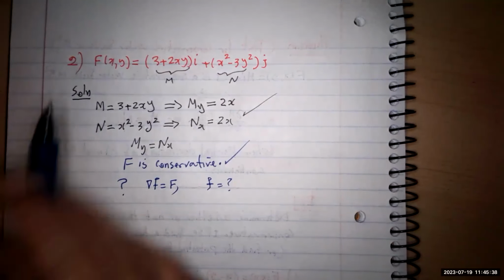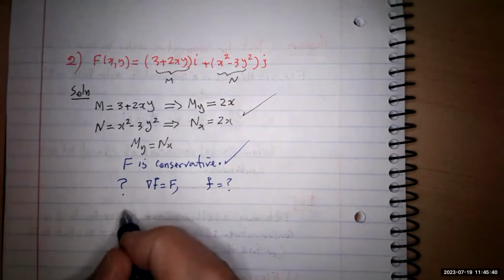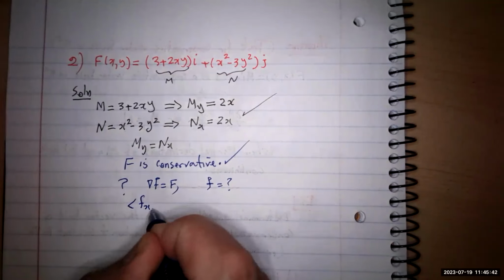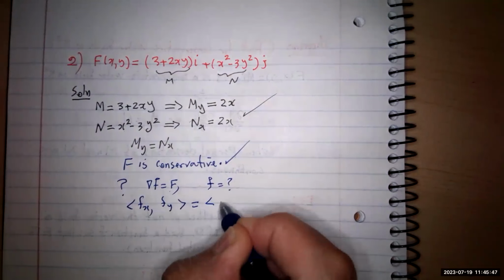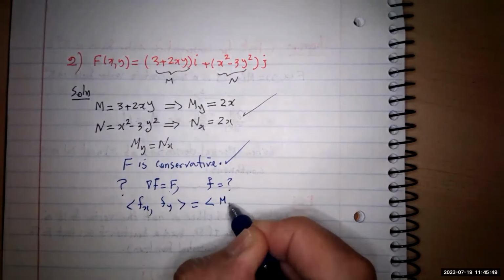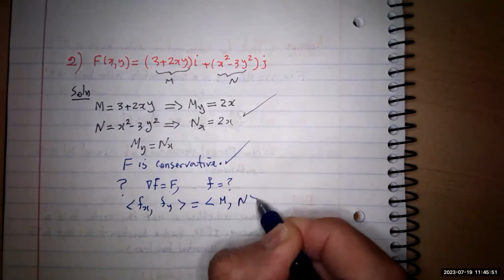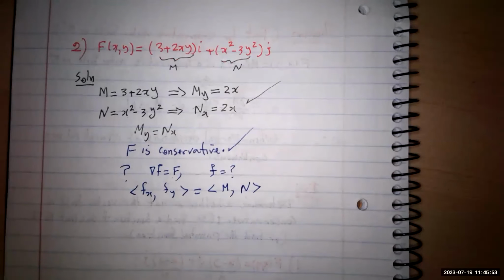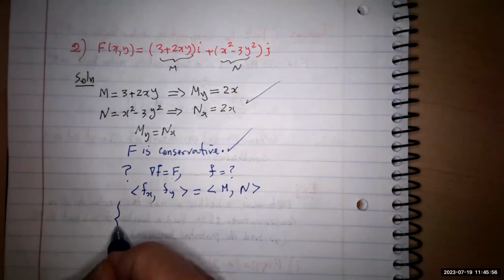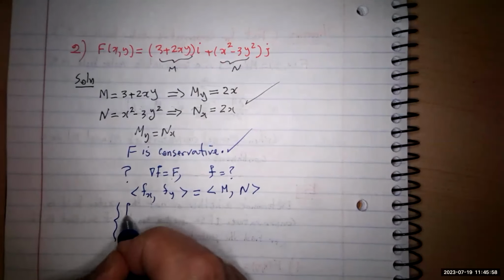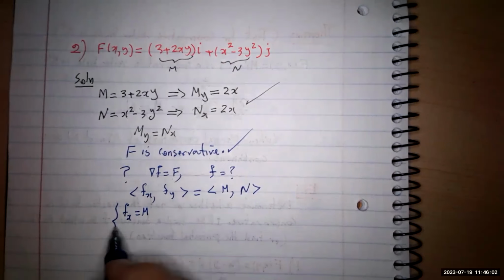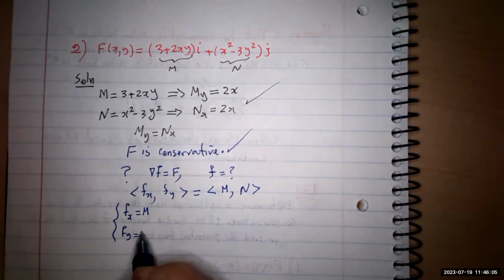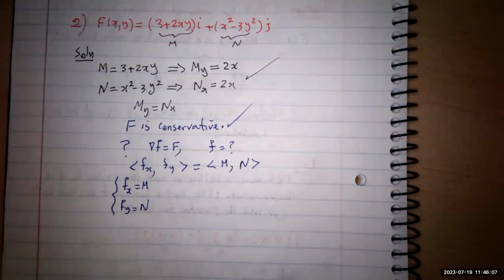The function is in R2, so your gradient would be f sub x and f sub y, and the field is M, N. So you are going to have a system of equations: f sub x is equal to M, and f sub y is equal to N. You are looking for f, remember.